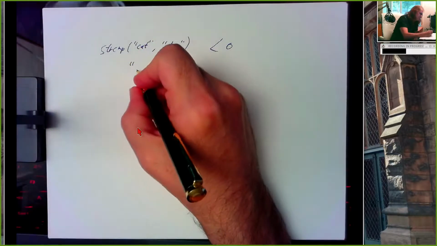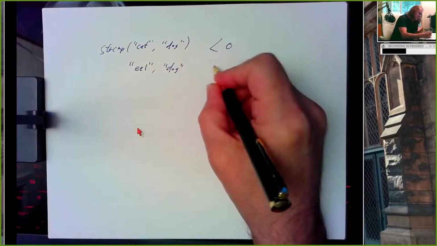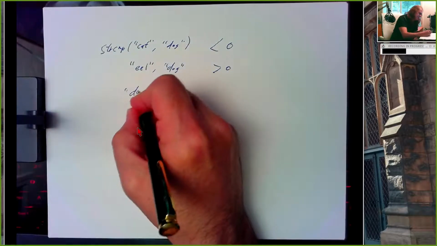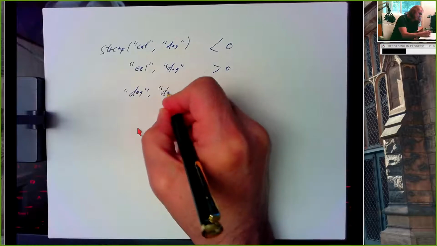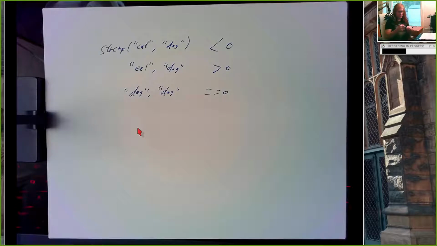If you do eel and dog, that's going to be bigger than 0. If you did dog and dog, that's going to be exactly 0. So if you want to know if two strings are exactly the same, run them through string compare, see if it returns exactly 0.